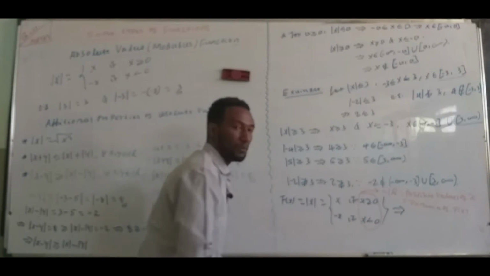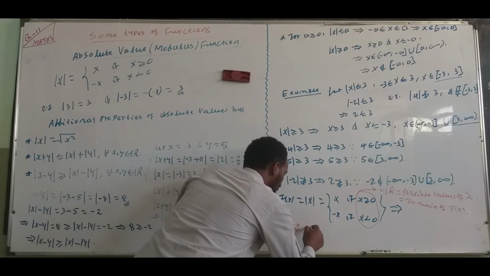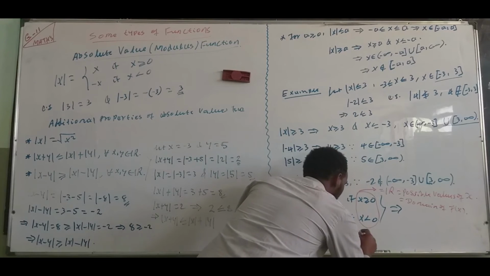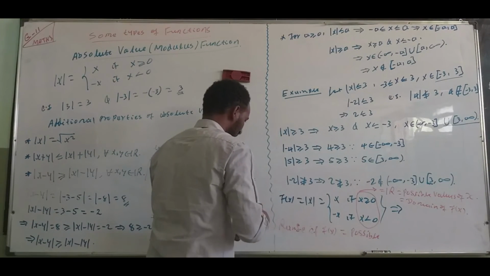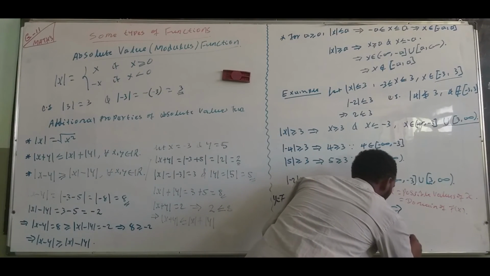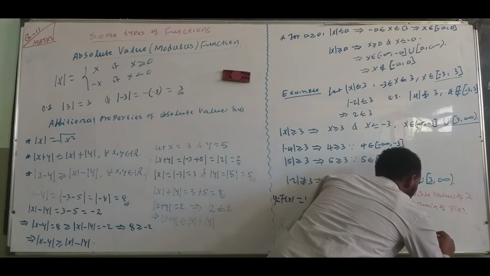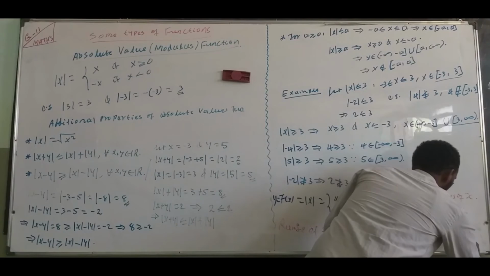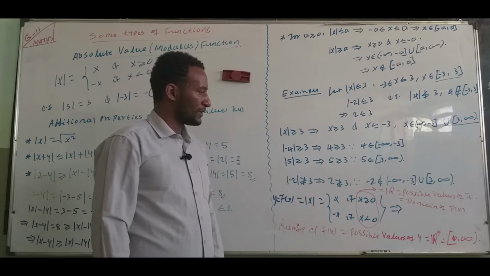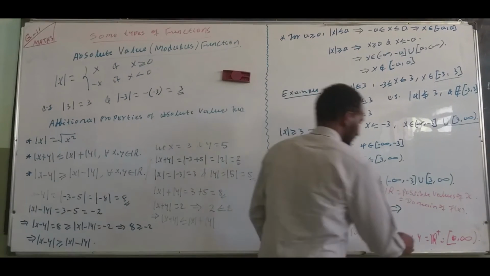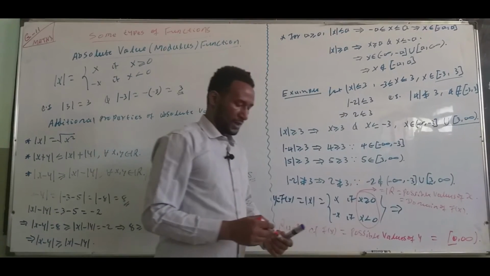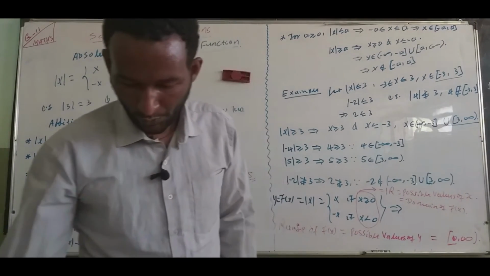Therefore, when we say the range of f of x, where f of x means y, the possible values of y are the positive real numbers, 0 to positive infinity, that is, greater than or equal to 0.